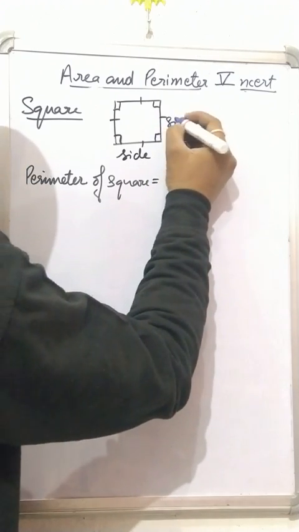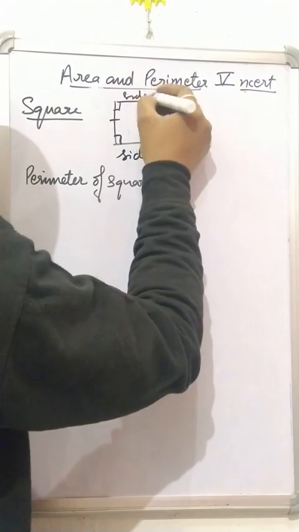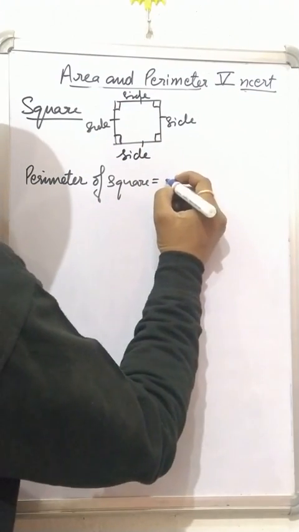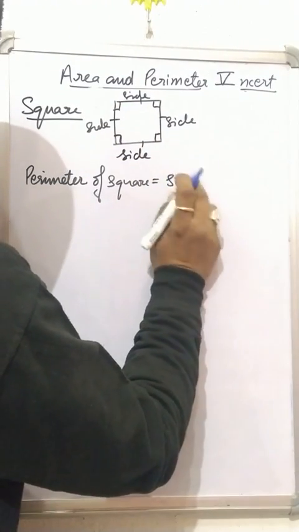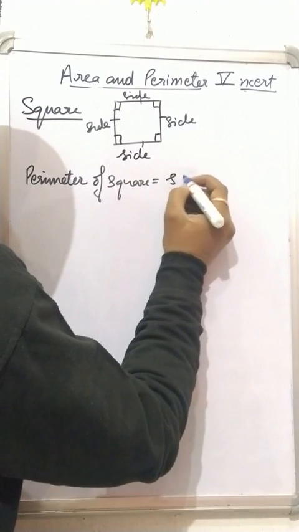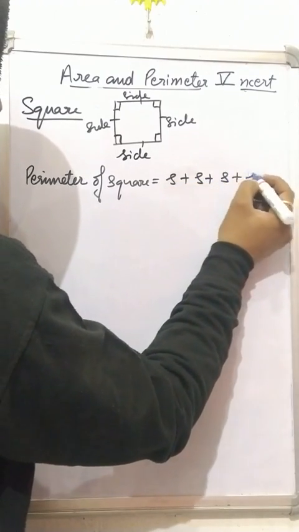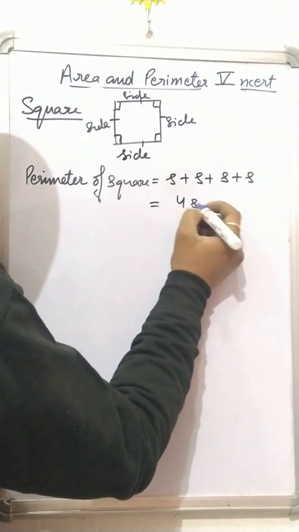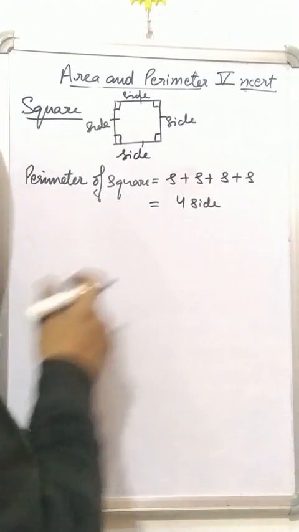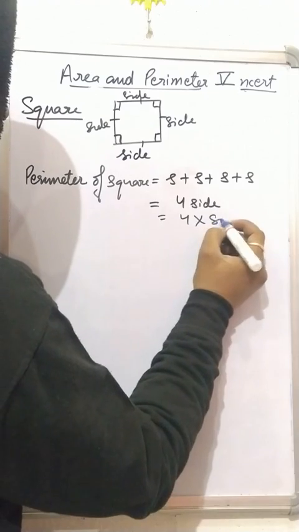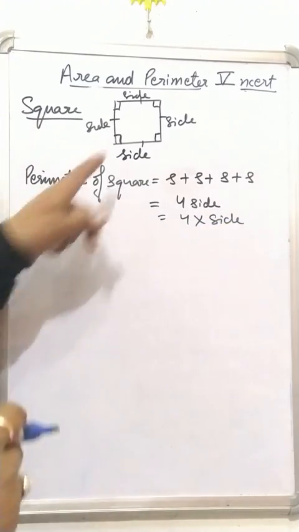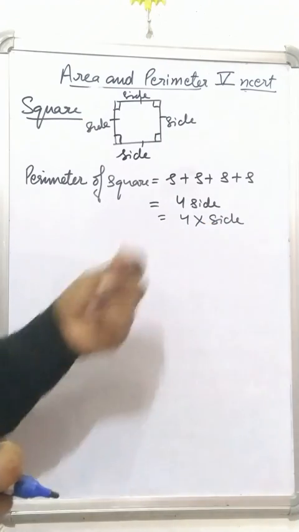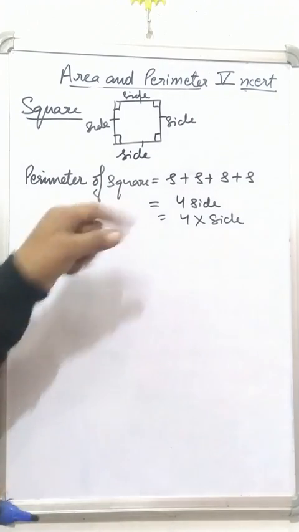Now side, and this one is also side. Square has 4 sides, so side, side, we will write in short S plus S plus S plus S. So we know that 1S, 2S, 3S, 4S. 4S means 4 side. That is 4 multiply side. Number of sides 1, 2, 3, 4, and the measurement of one side, that is side. So 4 into side we get the perimeter of square.